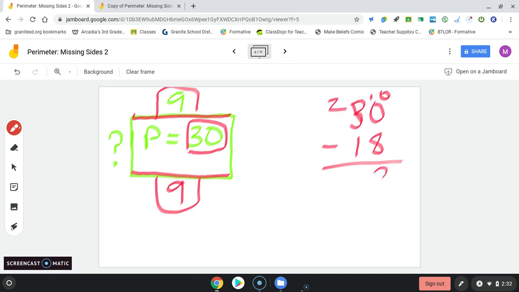Okay, so this and this together will equal this 12. So to figure out this question mark, because they only want one side, you're just going to divide it by 2. So 12 divided by 2 would equal 6. Okay, so that'd be 6, and this over here would also be 6.